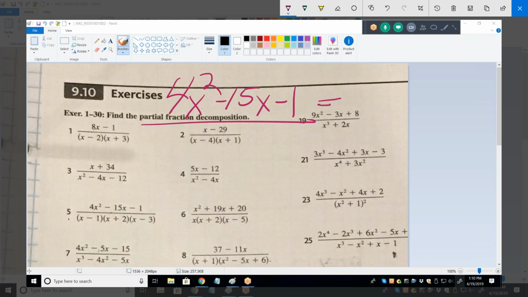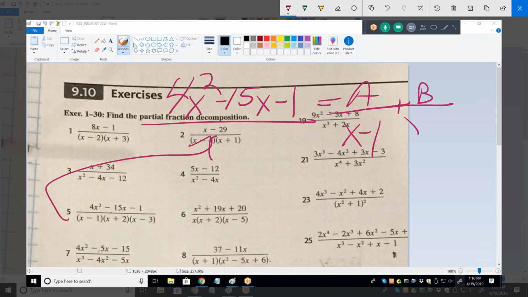Over that denominator. What's that going to be equal to? That is going to be A over x minus 1 plus B over x plus 2 plus C over x minus 3. Solve the right side.